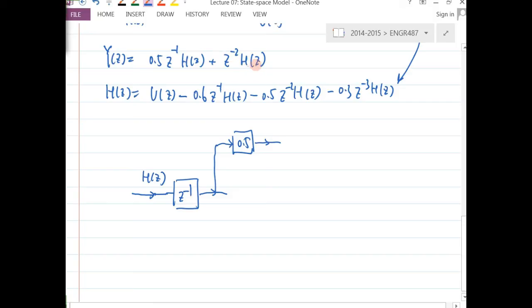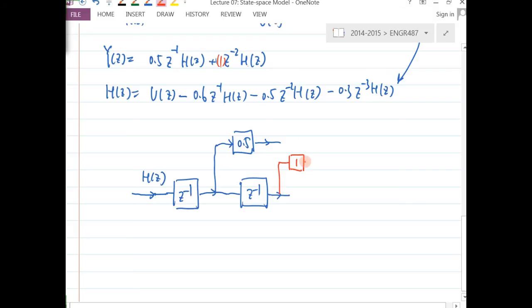And then z to the power negative 2 is 2 delays. So which means you're basically just passing through whatever it is here for another block delay. Then the signal out of here is z to the power negative 2 h of z. And the coefficient here is 1, right? So what we do is we can just multiply by a 1 here.